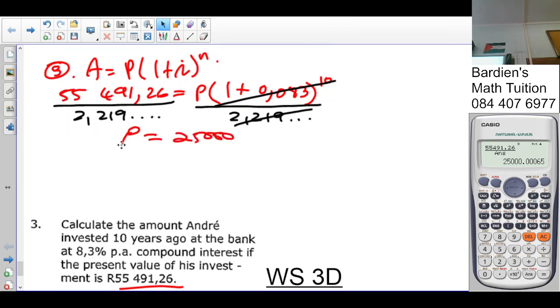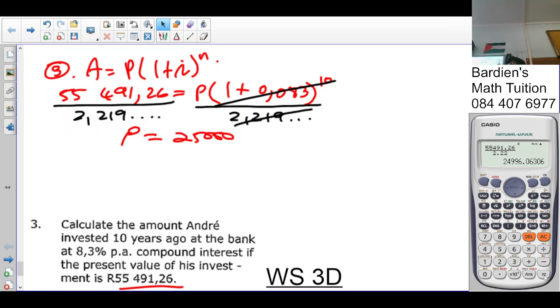Now you see, if you had rounded and worked this out, you got 55,491.26 over 2.22. You will still get a full mark for your question, but it's not the very same answer.